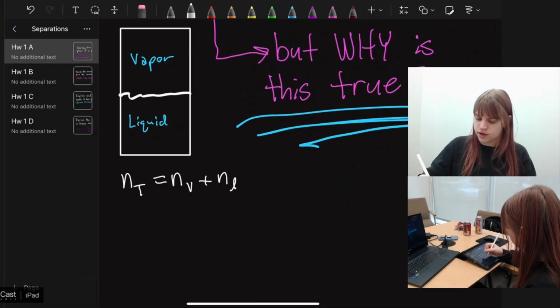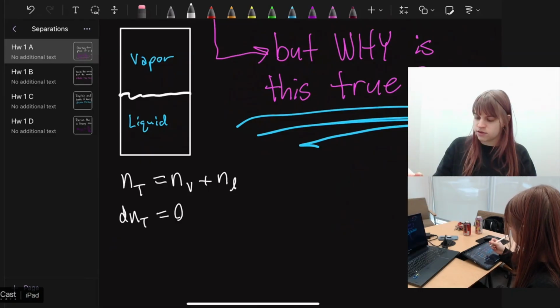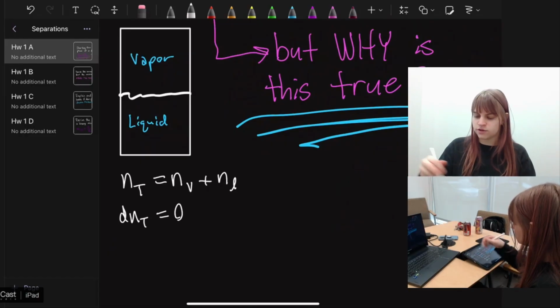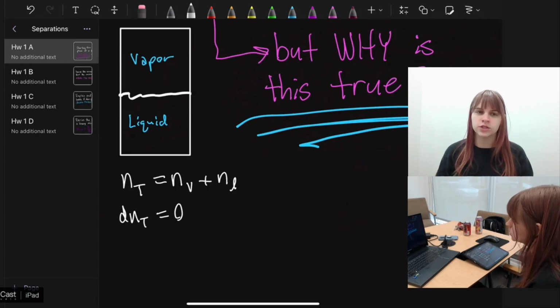And then we can also say that the change in total moles is 0 because, as I said, this is a closed volume. We're not losing or gaining any moles in total.